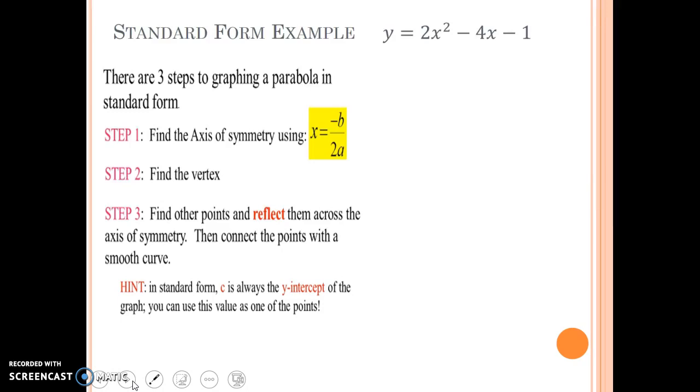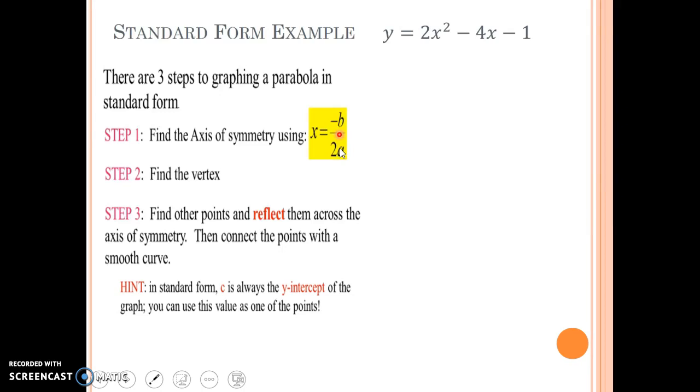There are 3 steps that you're going to use to graph a parabola in standard form. The first thing is to find the axis of symmetry. Remember, the axis of symmetry is just the x-coordinate of the vertex, so the formula we use to find the x-coordinate of the vertex can also be used to find the axis of symmetry: x equals the opposite of b over 2a. Second, find the vertex.